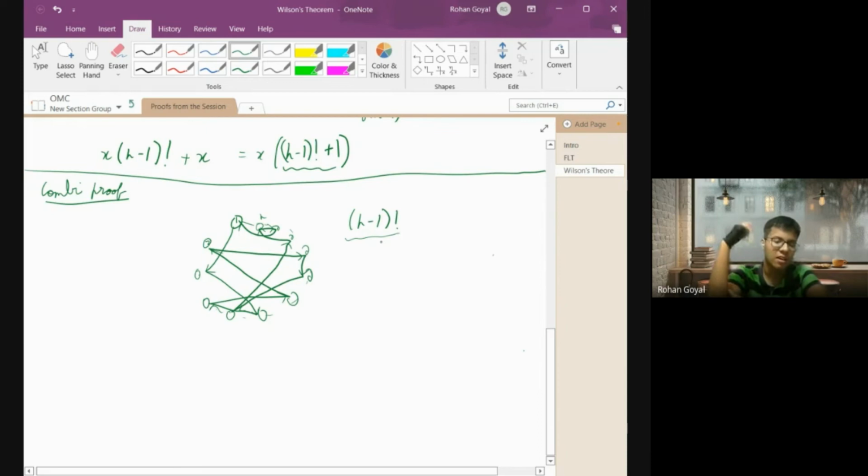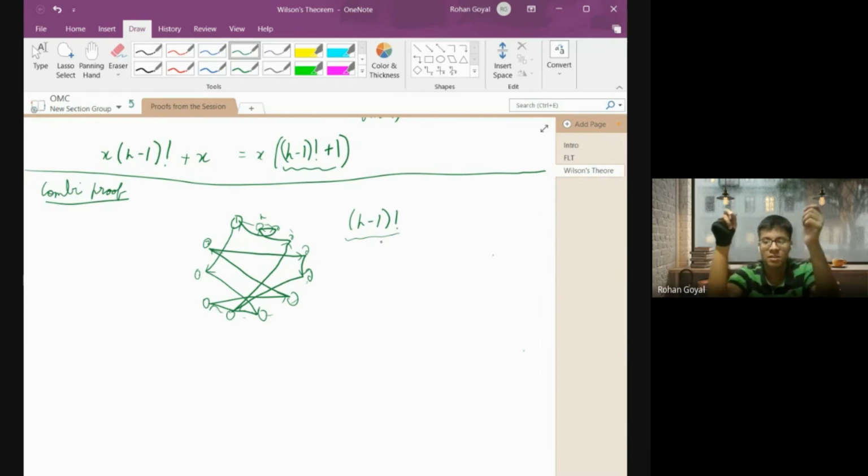And again, I want to put the paths in the same set if they are rotations of one another. So how many paths are there of this form which do not change under rotation?